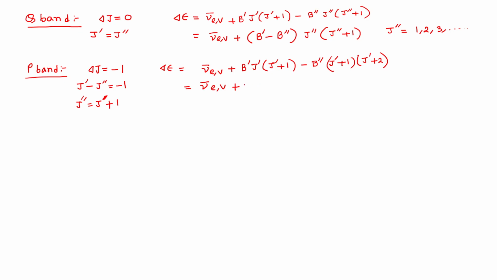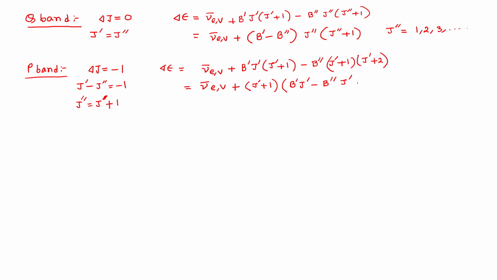And we can actually take common J dash plus 1. So I will do that first. I will take J dash plus 1 common, and then I will have B dash J dash, right? And from here I will have B double dash J dash, okay?